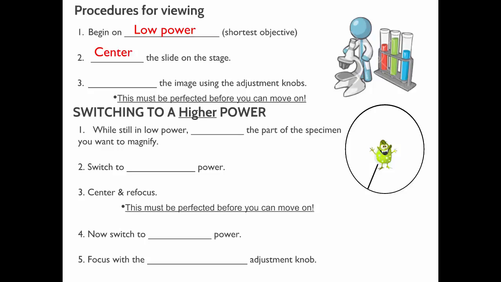So you put it on, it's on low power. My slide is centered on that light. And then what I do is I start to look through, and I have to focus. Okay? To focus on low power, we use the coarse adjustment knob. What it does is it moves the stage up and down, because this will only be in focus when the stage is at the right part of the slide, and it's at the right depth.